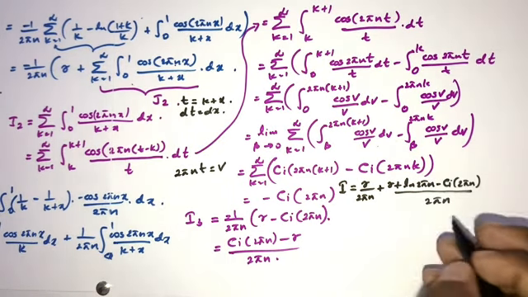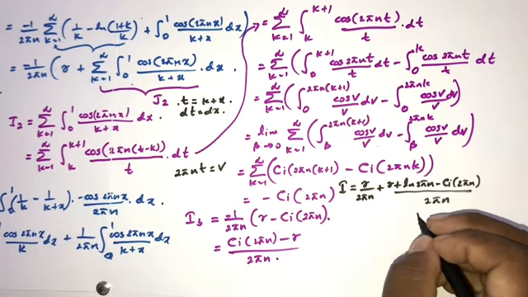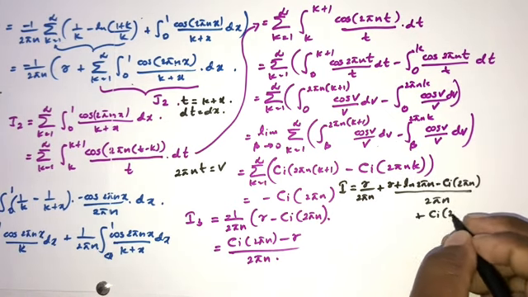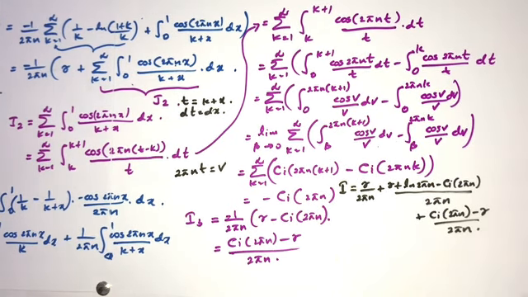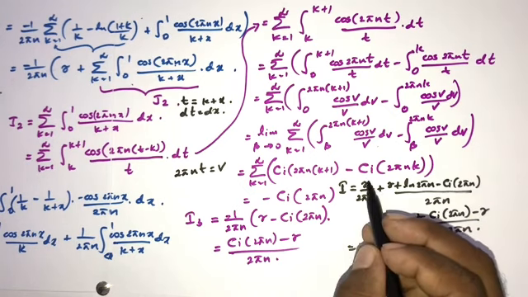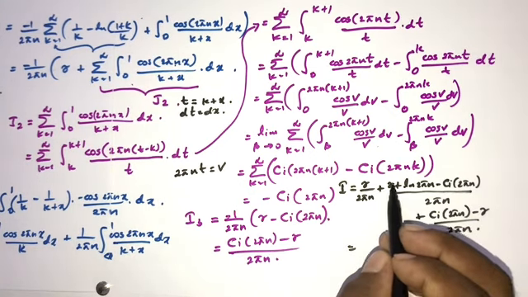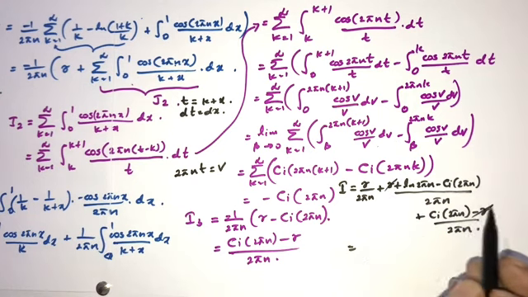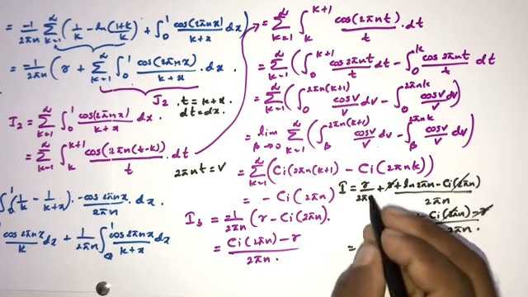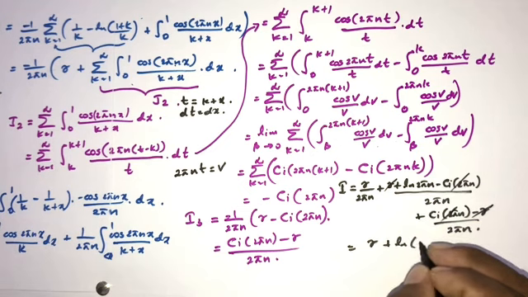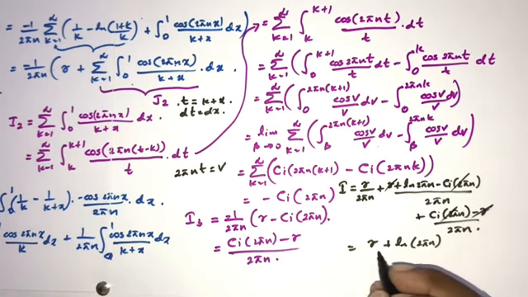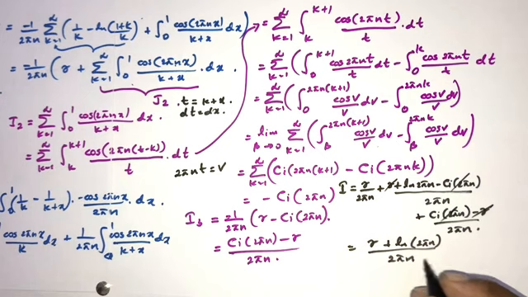Then we know I3 is equal to plus Ci of 2 pi n minus gamma over 2 pi n. So if we simplify, we know gamma gets cancelled, the cosine integral function gets cancelled. So we have gamma plus natural log of 2 pi n over 2 pi n. Okay, this is the answer.